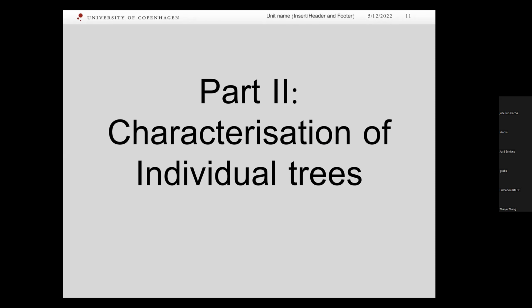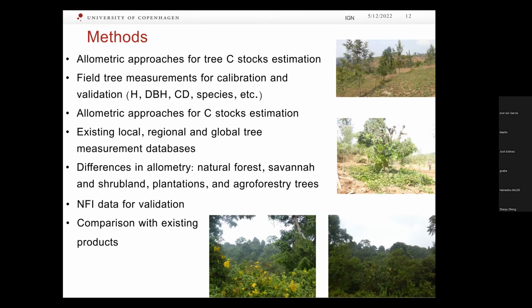But I have already talked a bit about this. So basically what we did is we went to the field and collected some datasets, but we also used some existing global tree measurement databases from some publications. And then we applied allometric equations to relate tree measurements like the diameter.